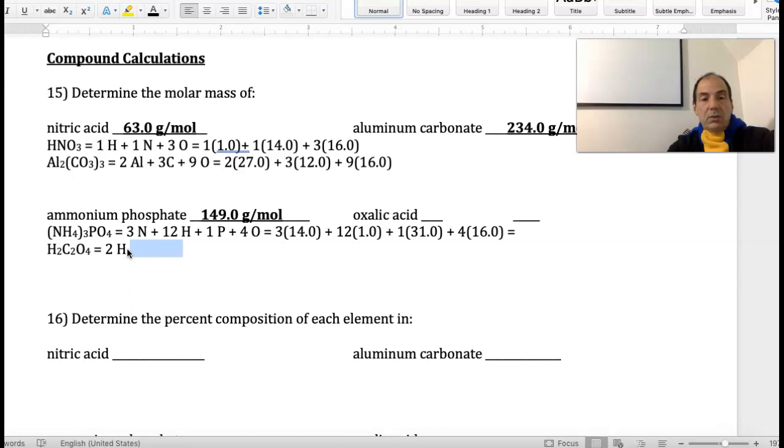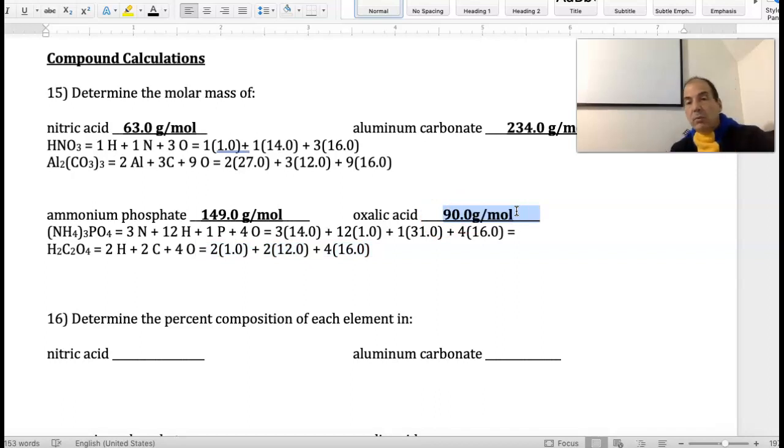There's also going to be 2 carbons, and there's also going to be 4 oxygens. We've already found all of them before, so hydrogens are 1, carbons are 12, oxygens are 16, so 2 plus 24 plus 64, and that gives us about 90 grams per mole.